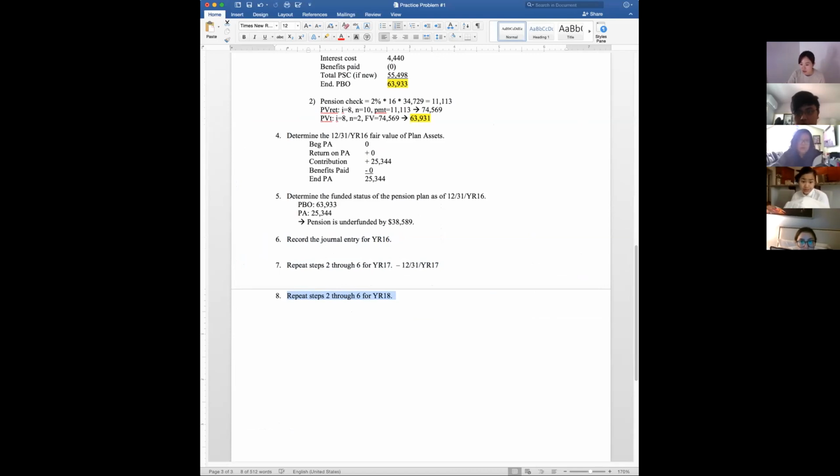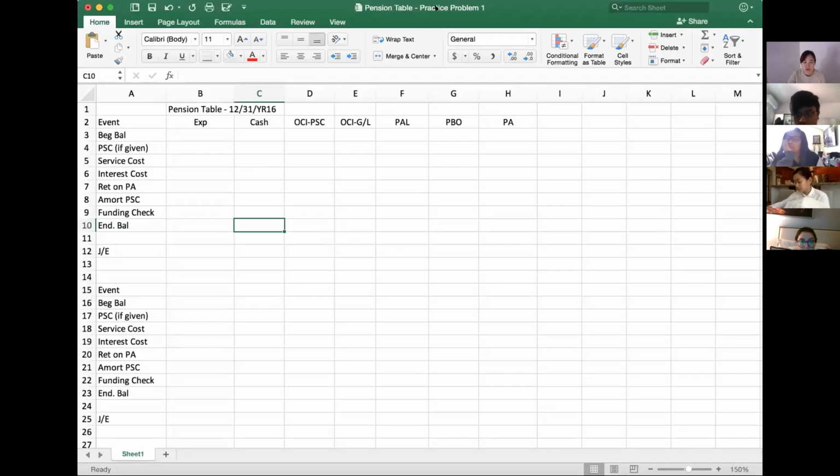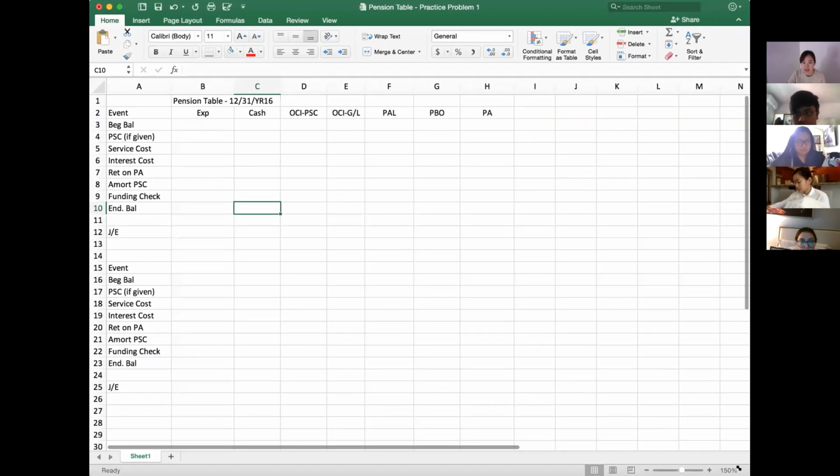So let's take a look at this. I'm not sure if you already have this Excel file on Blackboard. Probably not. If not, then I will also post this on Blackboard.